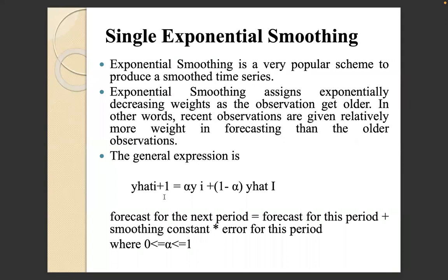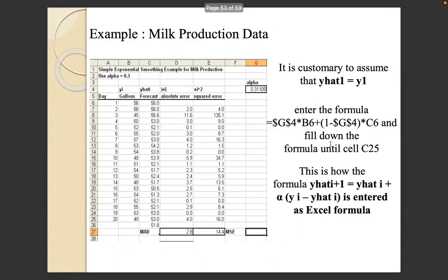Here, this is a general explanation of forecasting. Normally we call it y hat i plus 1 equals alpha y i plus 1 minus alpha y hat i, right? So here it says forecast for the next period, forecast for this period, smoothing constant, error of this period, right? So this is the function we are going to apply.